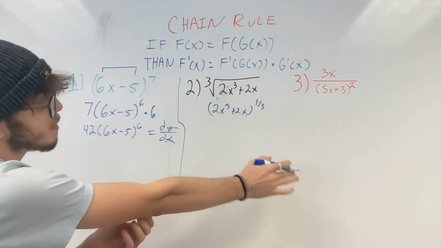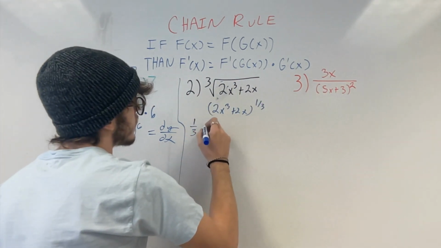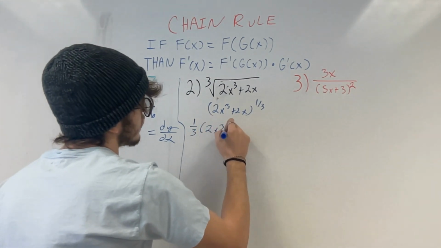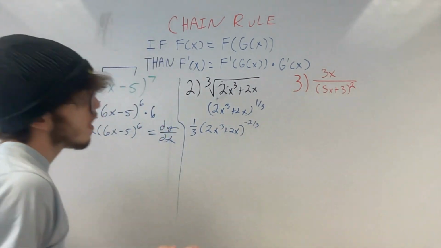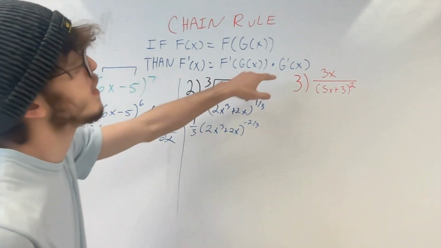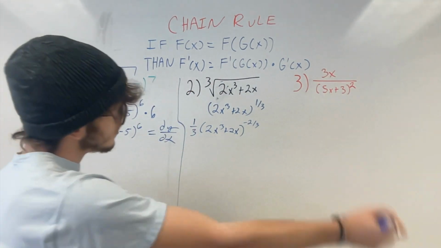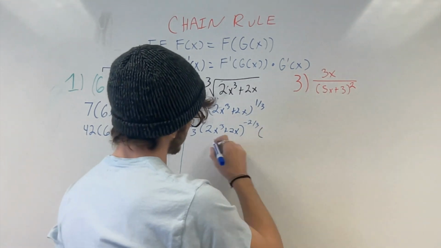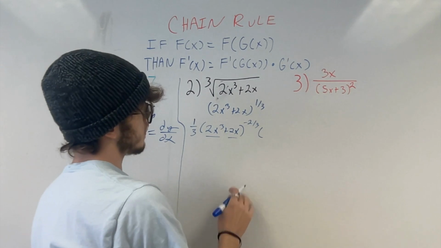Now that it's in this simplified, nice little form, we can bring the exponent out front, 1/3 times 2x to the 3rd plus 2x to the negative 2/3. Okay? So we did the first part of the chain rule, this section here. Now we need to do the g prime of x, which is the inside of the function. So we simply are just going to multiply by, and we take the derivative of this and this respectively.